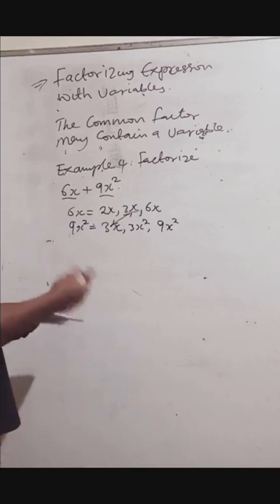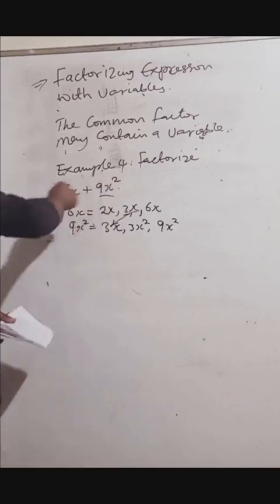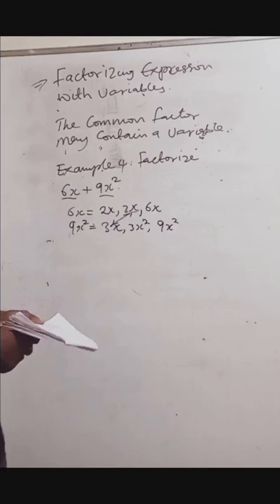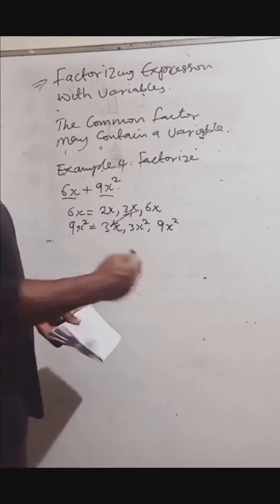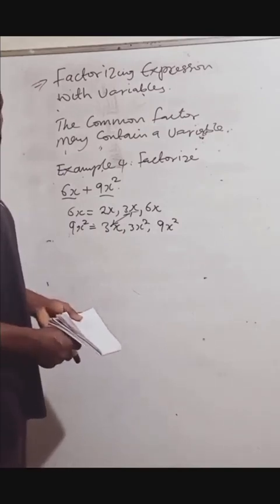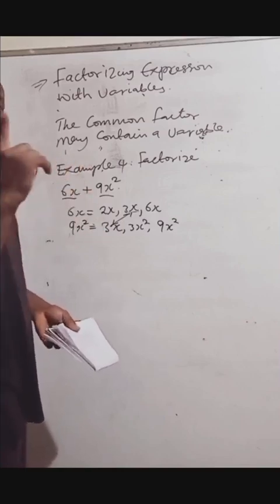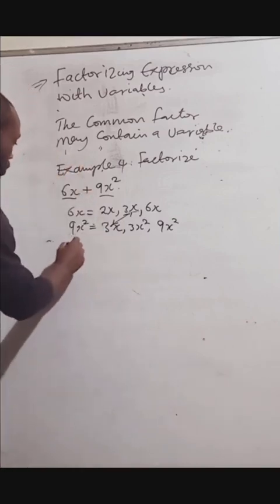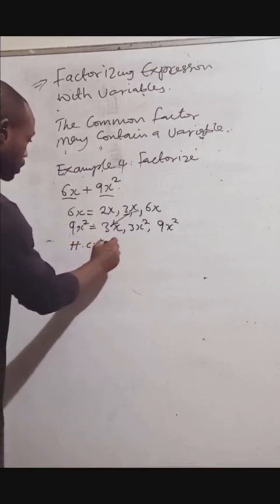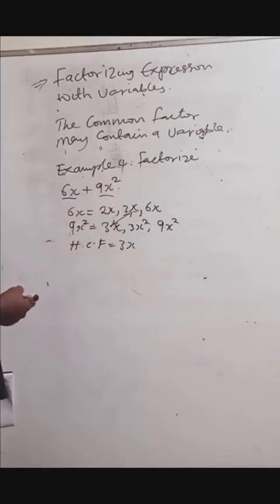You know that when we are factorizing, we have to express the original algebraic expression as a product of two or more factors. So we have been able to derive one factor, and that factor is 3x, which is the highest common factor of 6x and 9x squared.